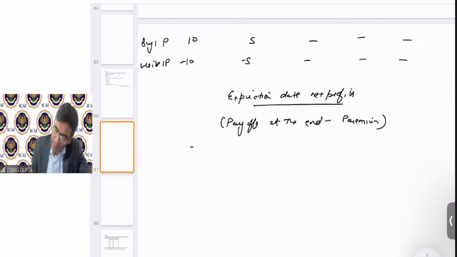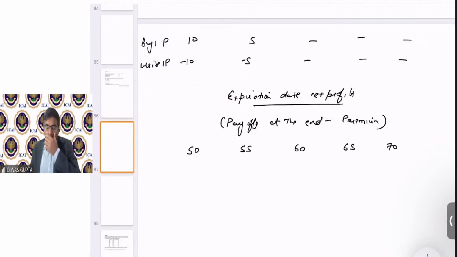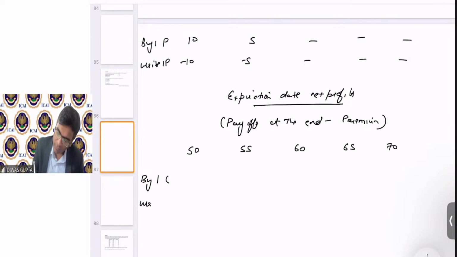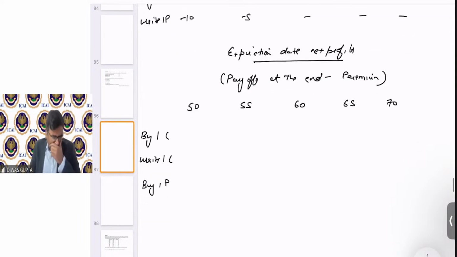Again, let's take these examples 50, 55, 60, 65, and then 70. Buy one call, write one call, buy one put, and then write one put. Okay, students?